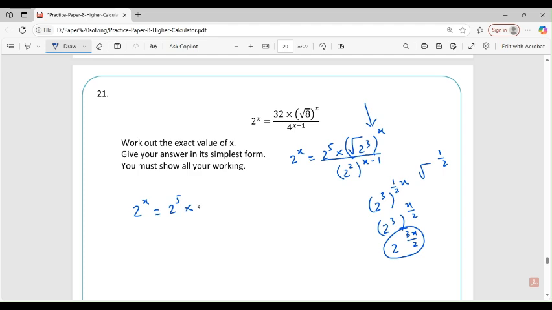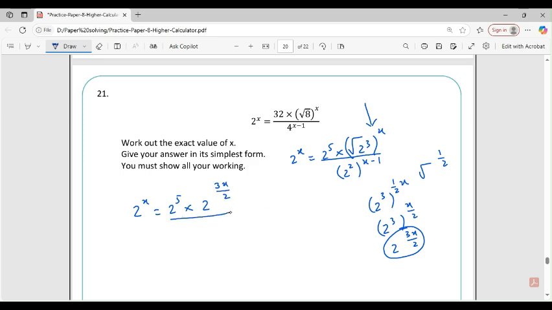Now I can write 2 to the power 3x over 2, and down below what we have is 2, and this 2 is going to be multiplied by x minus 1.